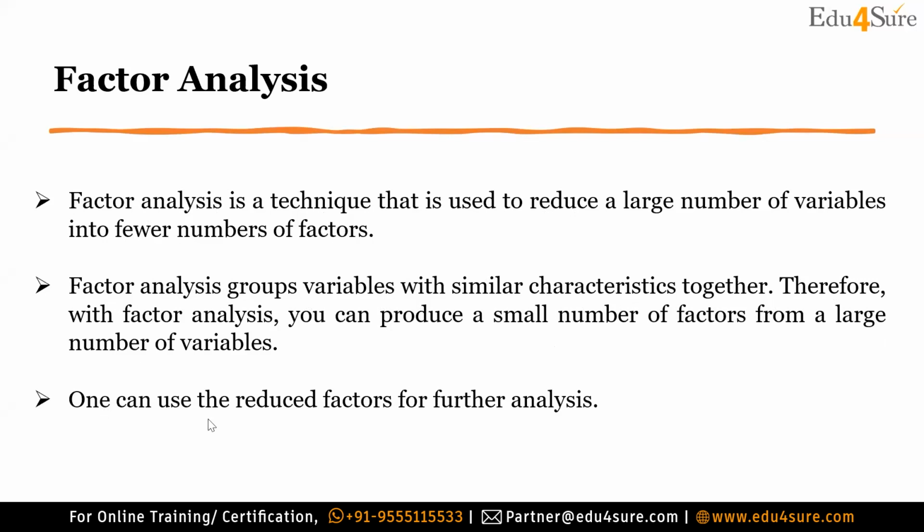One can use the reduced factors for further analysis. क्यों हम डेटा को कम कर रहे हैं? ताकि आगे अच्छा एक एनालिसिस हम कर पाए, right? Got it? Why do we use factor analysis? So basically in one line, if somebody is asking you what is factor analysis, just tell them this is a data reduction technique. Got it?